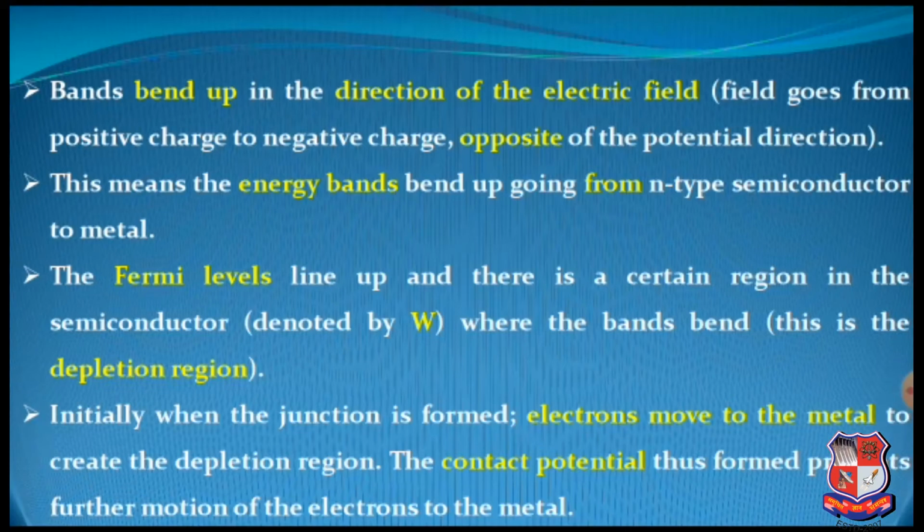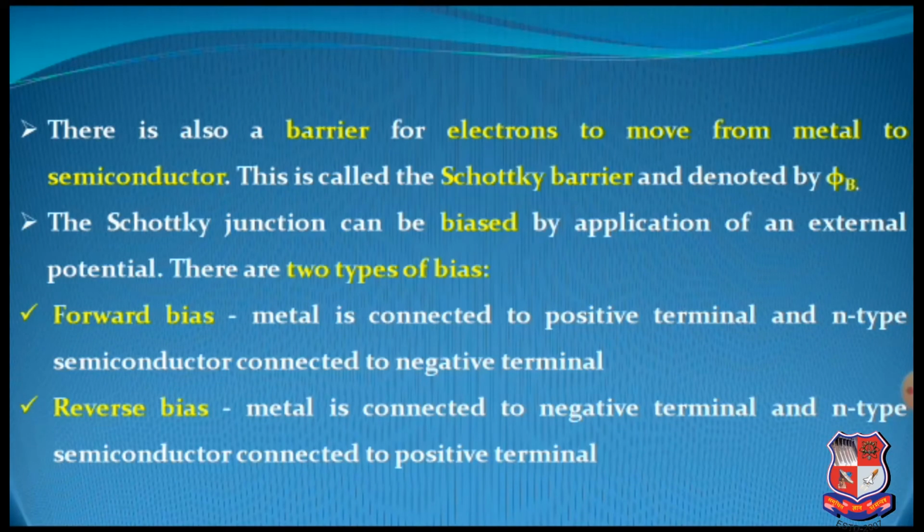After this limited transfer, when the depletion width is already generated inside the semiconductor, there is no probability for an electron of the semiconductor to travel towards the metal. So this is also helpful to maintain the performance of the n-type semiconductor.